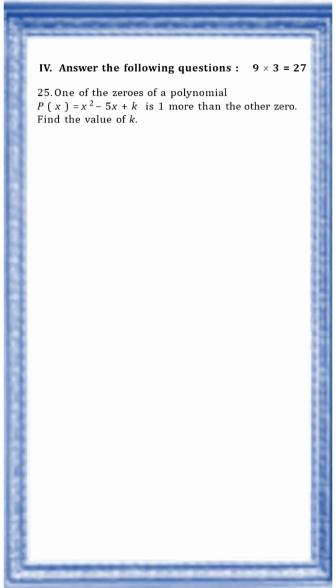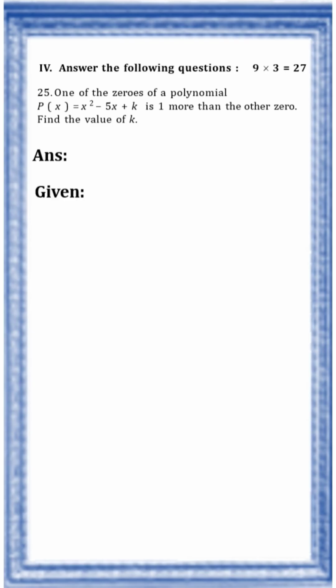Now let us solve the 3 marks questions. There are 9 questions of 3 marks each, totally 27 marks. 25th question: If one of the zeros of a polynomial p of x equal to x square minus 5x plus k is one more than the other zero, find the value of k.